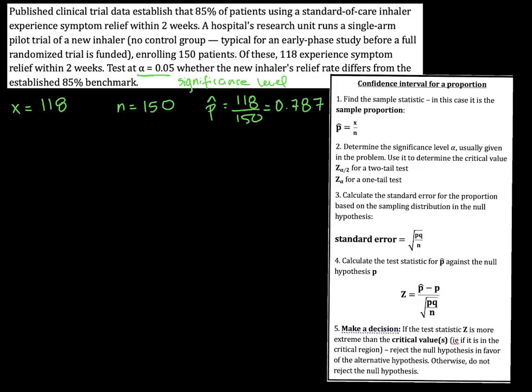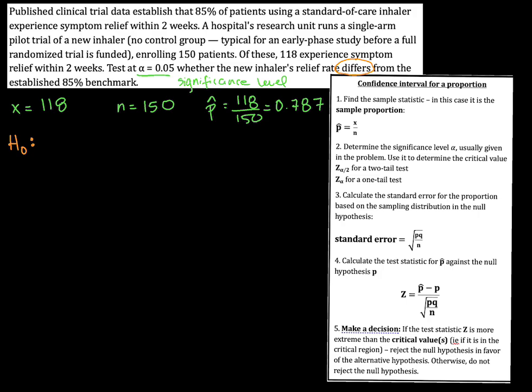So since alpha is 0.05 and the problem is asking just, is it different? That means that we're going to choose our null hypothesis.